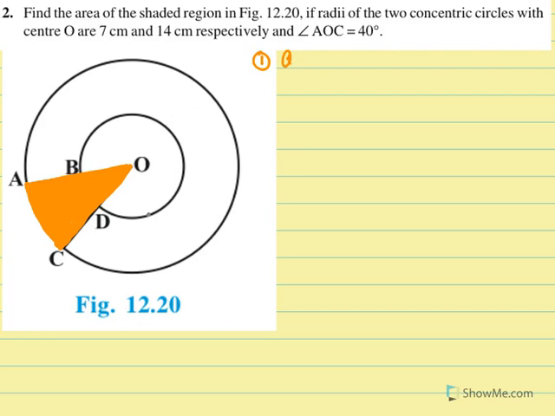So step 1, we'll find area of sector AOC, and area of sector is theta by 360 pi r square. So theta in this case is given as 40. This angle was given as 40.